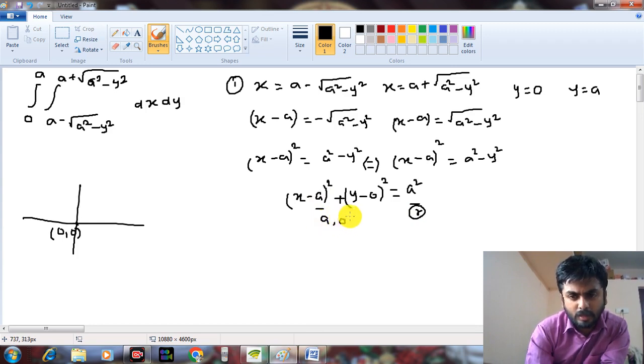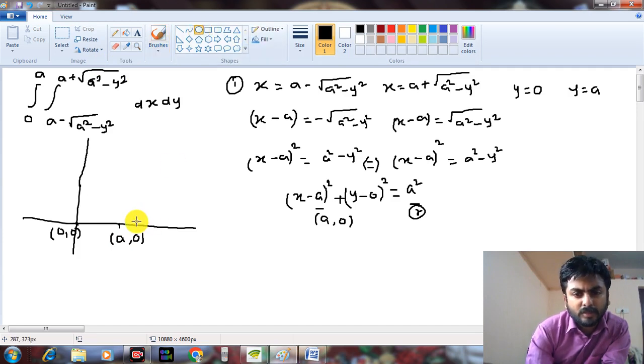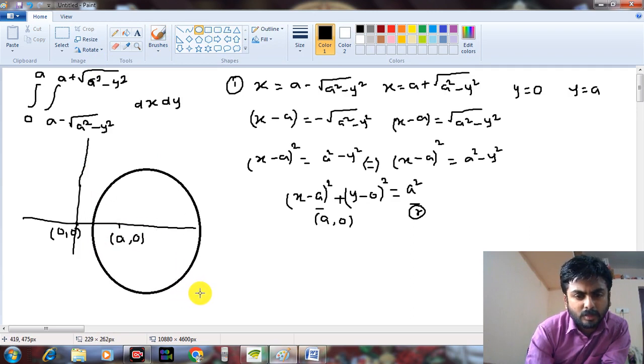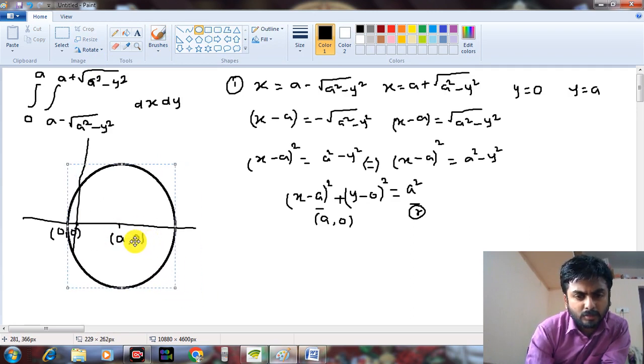If I am taking this as a, this point will become a, 0. So now I shall draw a circle with center at a, 0.